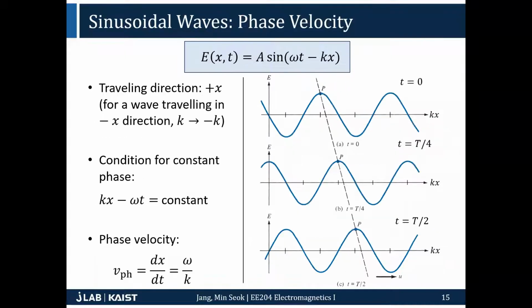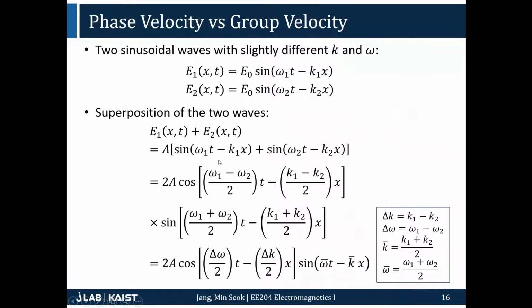Another thing is group velocity and phase velocity, right? For group velocity and phase velocity, I made an example of two waves superposed. If you have two waves with very similar omega and k, these waves form a group, right?